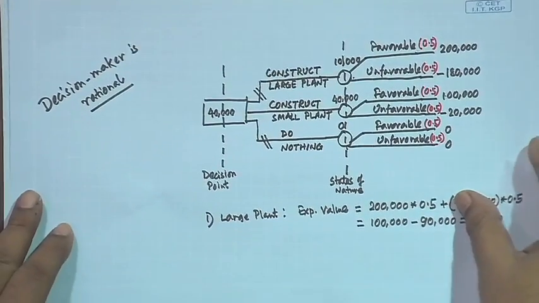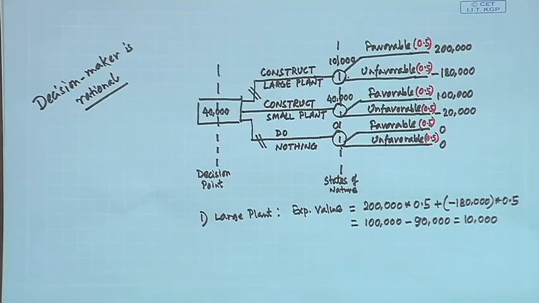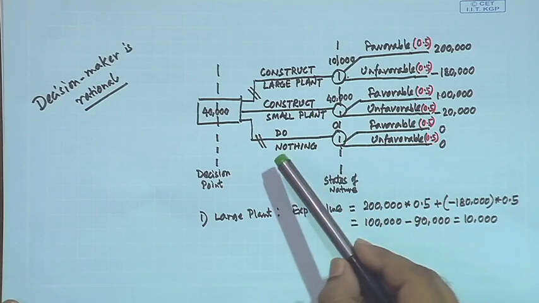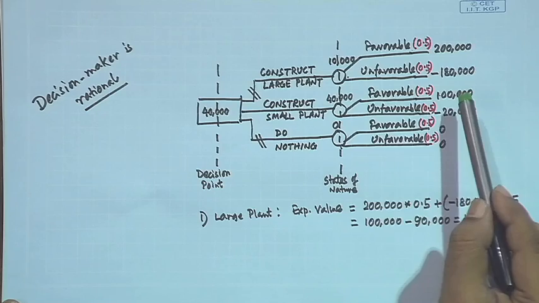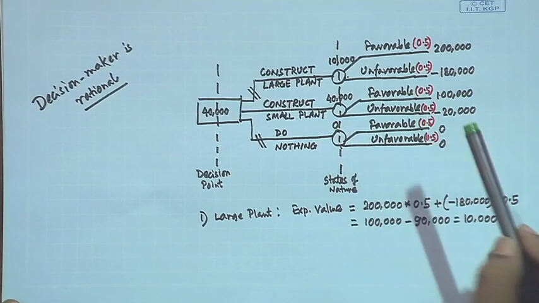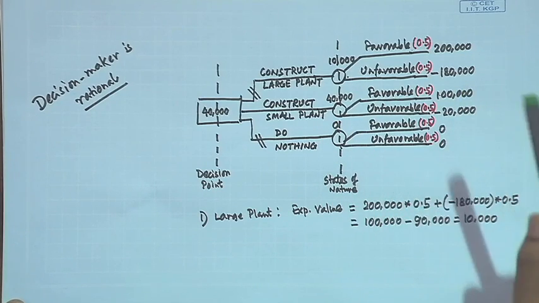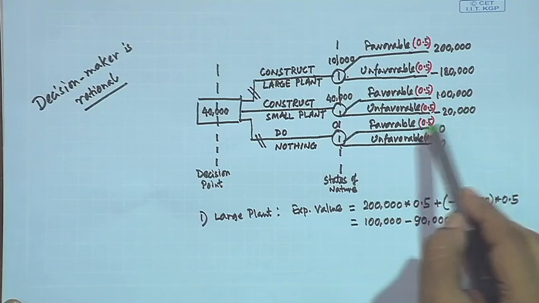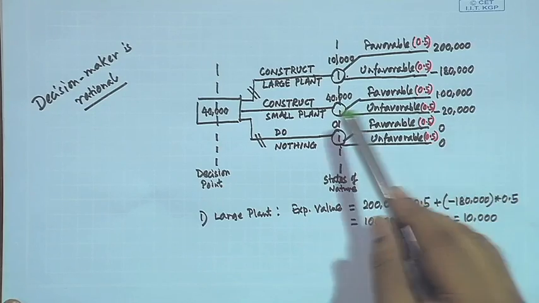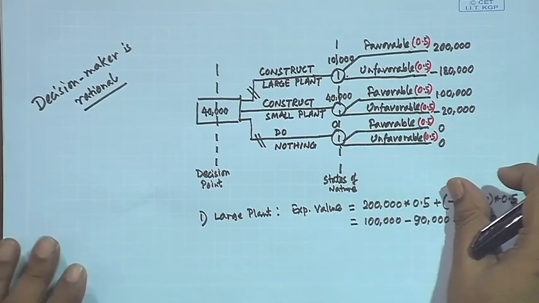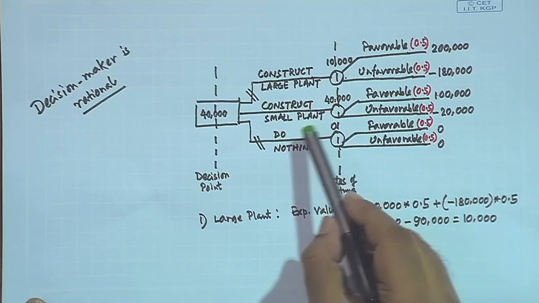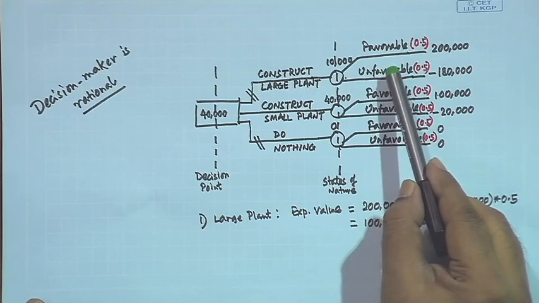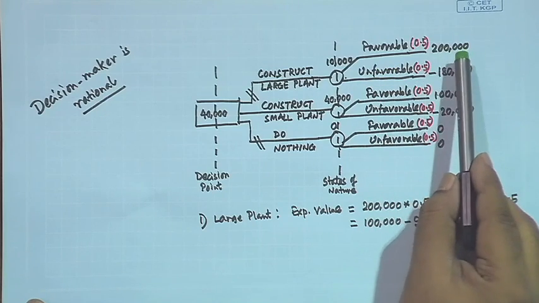This is the problem that we have taken up earlier. Our original decision was to construct a small plant, with an expected value of 40,000 for a small plant. That is 0.5 into 100, which was 50,000, minus 10,000 and 0, that was 40,000. The question is that anyhow we are constructing a small plant, but with a large plant, if the market is favorable, we can get as high as 200,000.